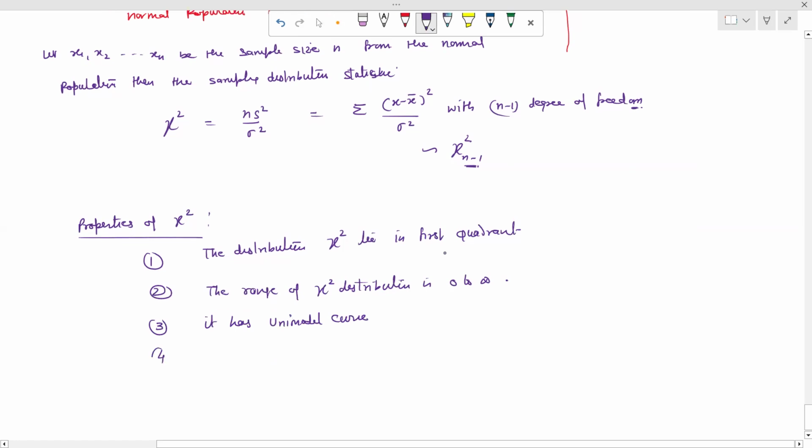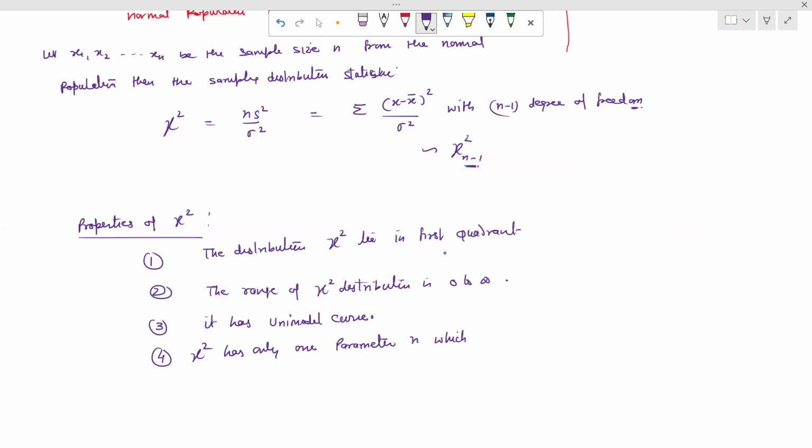Fourth property: chi-square has only one parameter, that is n, and that represents its degree of freedom. And now fifth point, the mean and variance.